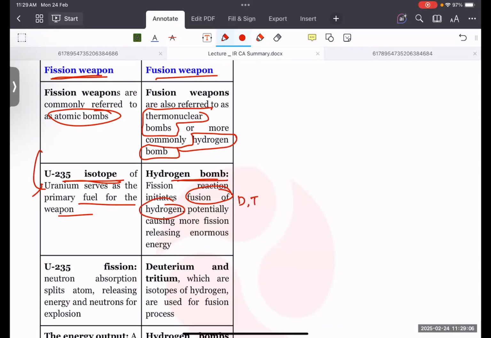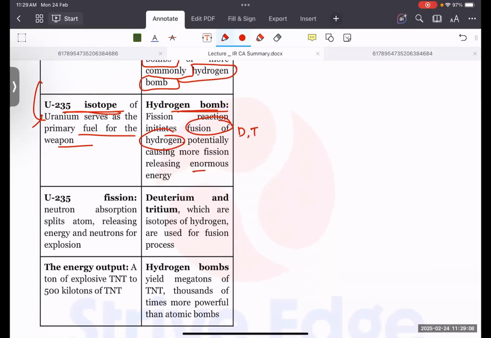Between those, the fusion takes place and enormous energy is released. In U-235 fission, the atom splits, releasing energy and neutrons for the explosion. Deuterium and tritium, which are isotopes of hydrogen, are used for the fusion process.